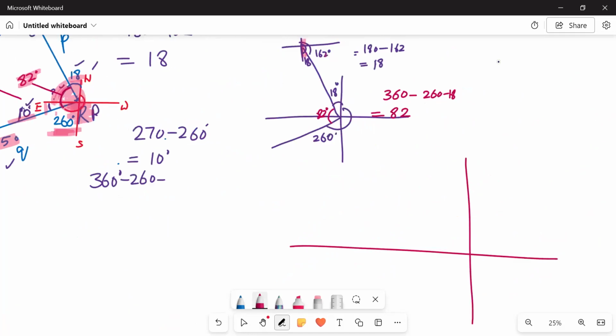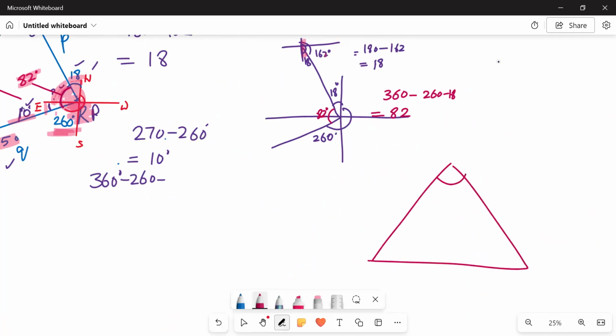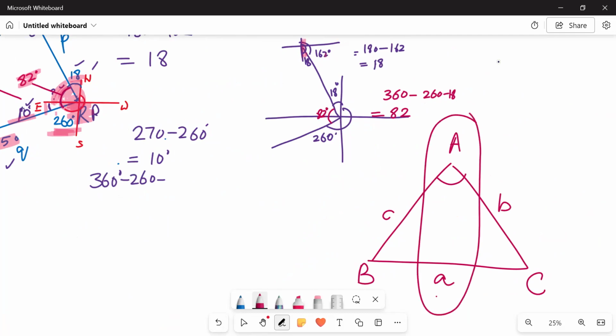Cosine rule, we always know that if we have a triangle, look at here, for example, this angle is A and this one is side A, this one is B and this one is side B, this one is C and this one is side C, then we need this complete pair, or this complete pair.